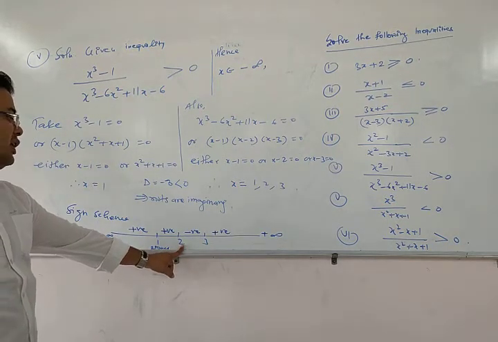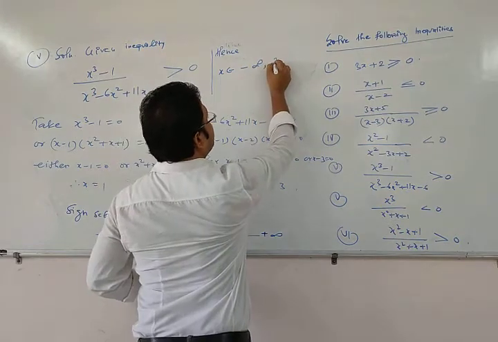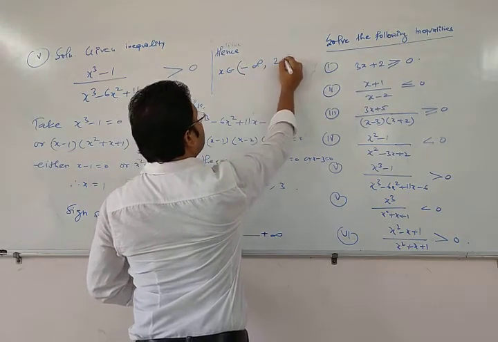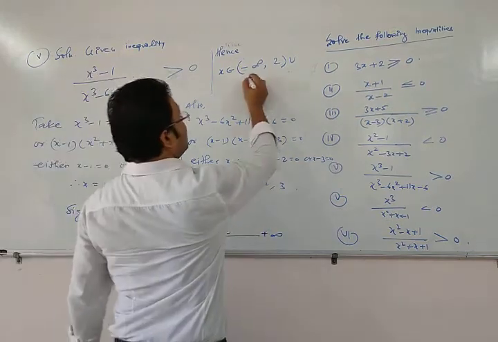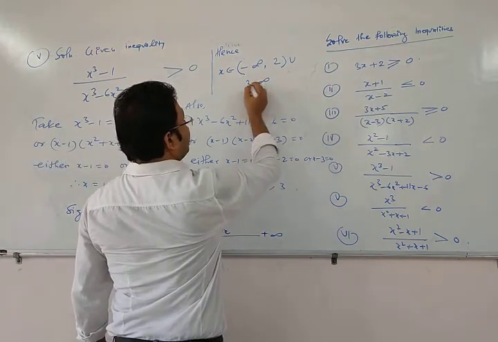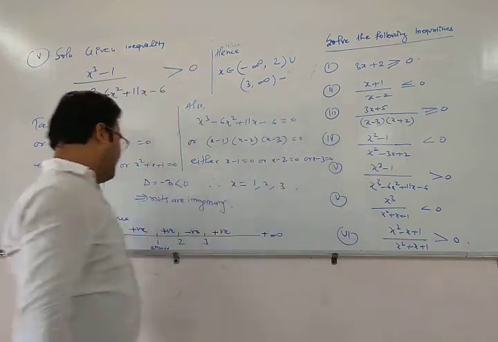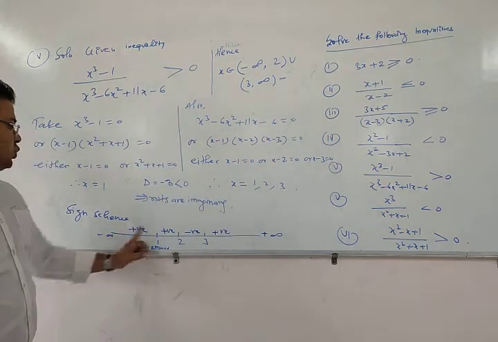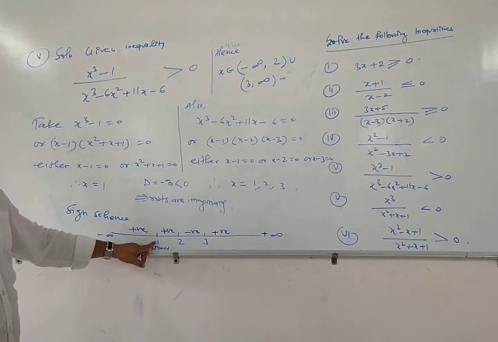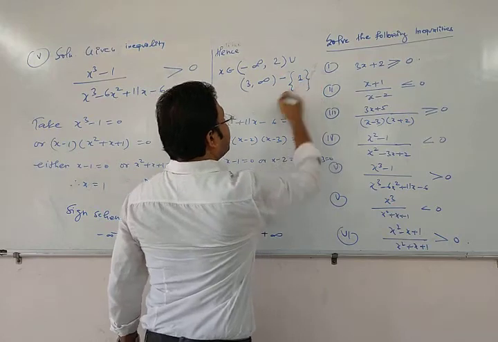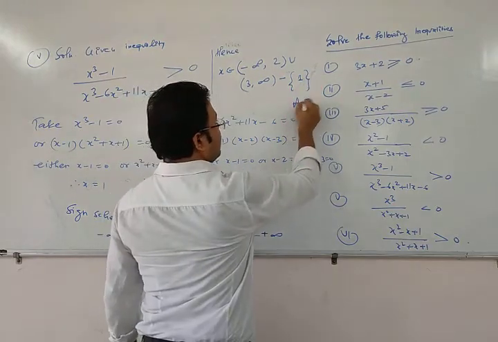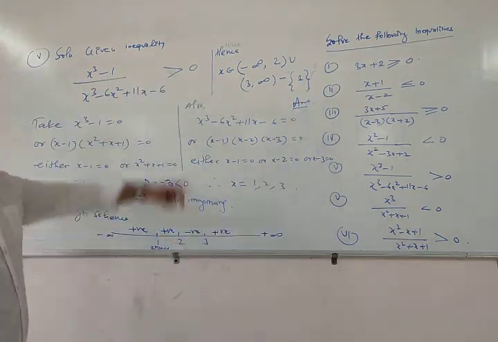You can take directly minus infinity to 2, minus infinity open, 2 open, union 3 to infinity, but here if we take minus infinity to 2, 1 also occurs in this interval and we do not have to take 1, so we have to take minus 1 in curly bracket, and this is the final answer of this inequality.